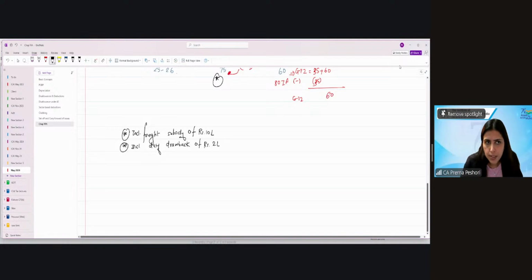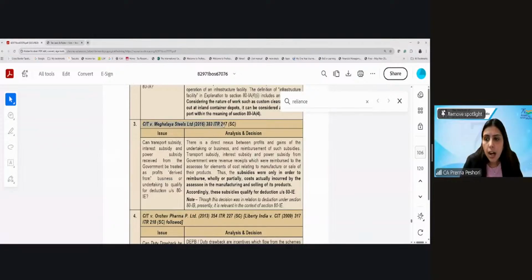So for this purpose, there are certain case laws that we will look into. Let us have a look at the module. CIT versus Meghalaya Steel Limited, Supreme Court ruling.